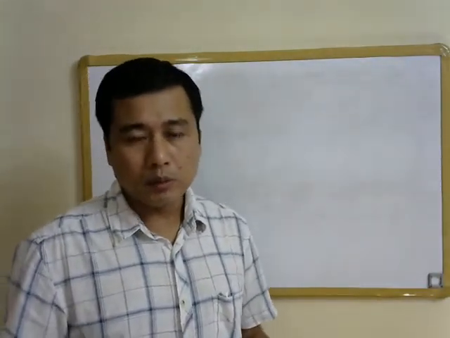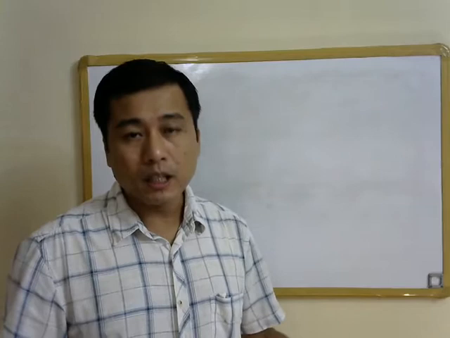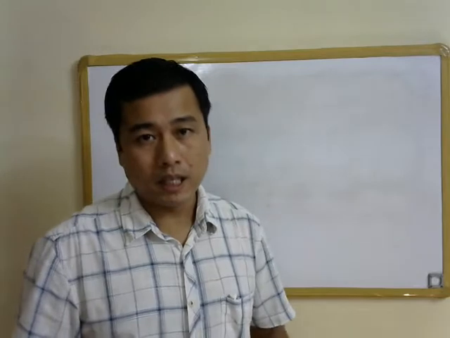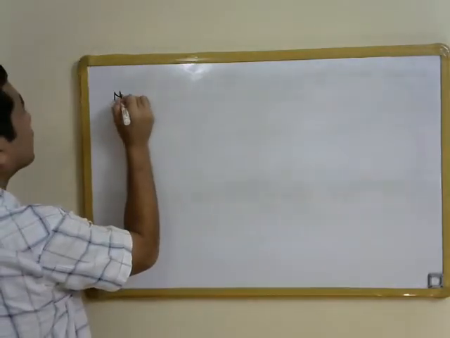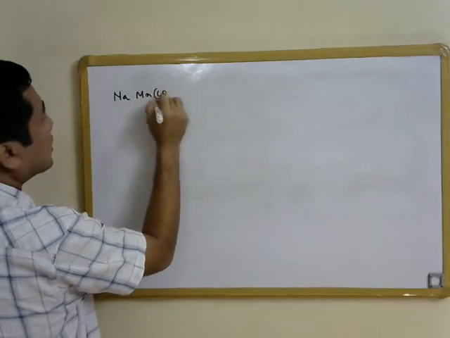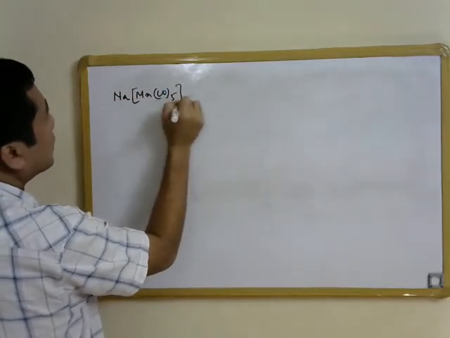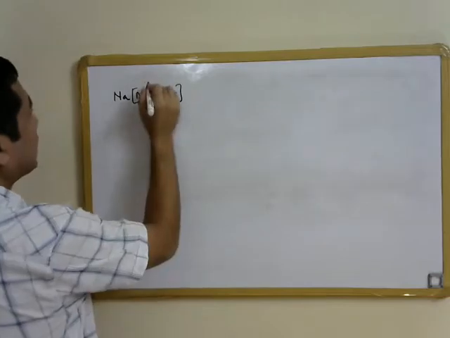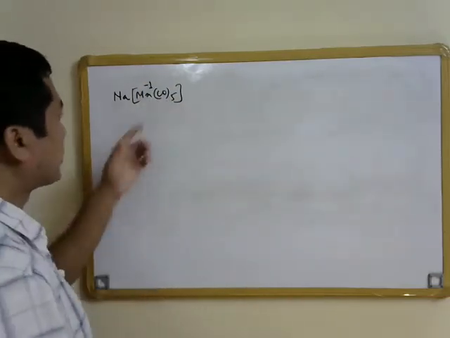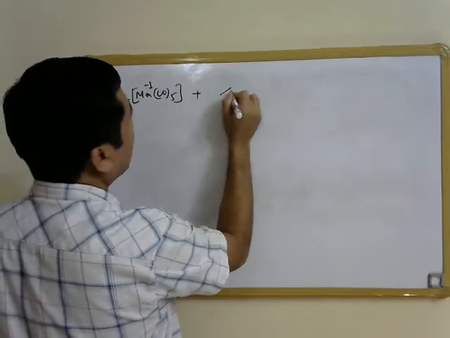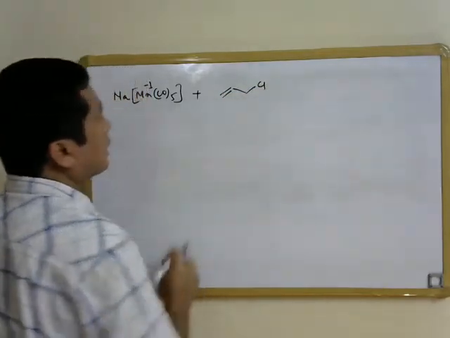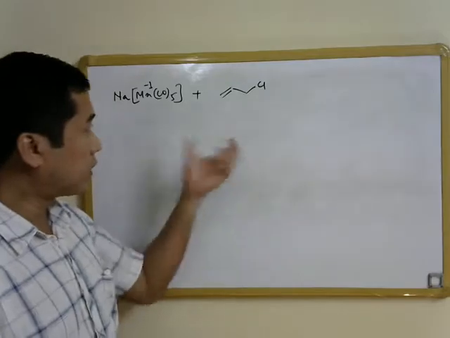Now this reaction can be modified, or one can take allyl halides and react with carbonyl metalates, and that will also give metal allyl complex, the way it gives metal alkyl complexes when we react metal carbonyl anions with alkyl halides. So one can start with metal carbonyl anion. Manganese is in -1 oxidation state in this compound, and then one can do reaction with an allyl halide instead of an alkyl halide.